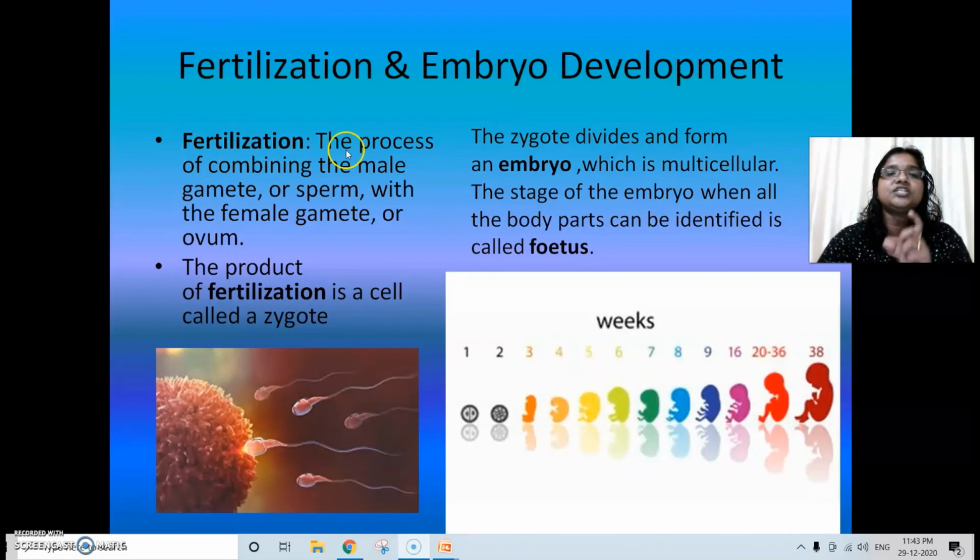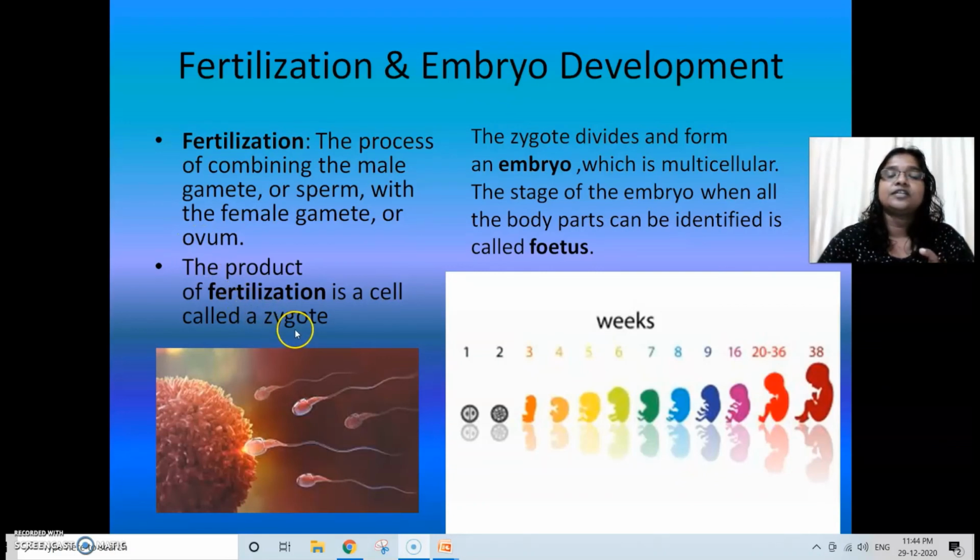So fertilization is a process of combining the male and the female gamete. And the fertilized product is called the zygote. So the zygote is a single-celled structure, which is the fused product of sperm and the egg or ovum.